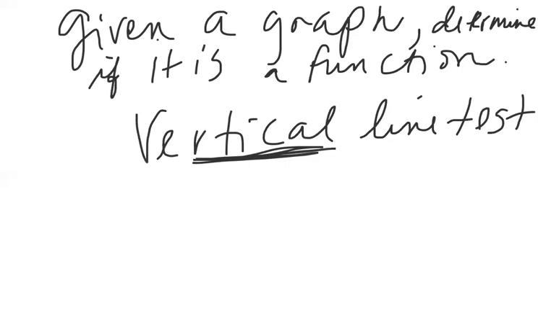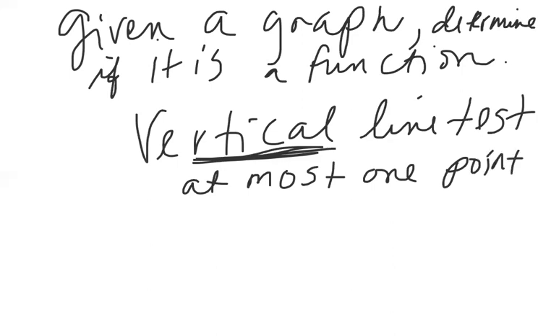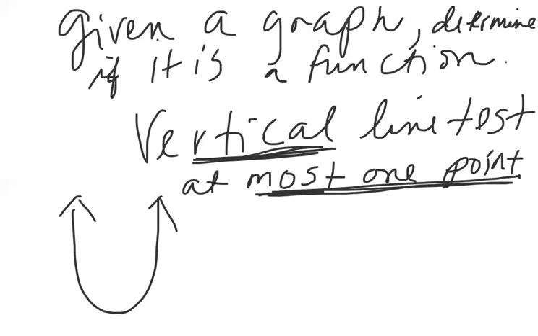A vertical line drawn anywhere on the graph can only intersect the graph in at most 1 point for it to be a function. So what in the world am I talking about? Let me give you some quick examples, guys. Once again, in order for a graph to be a function, the vertical line can only intersect the graph in at most 1 point.